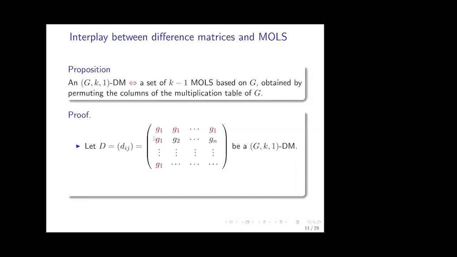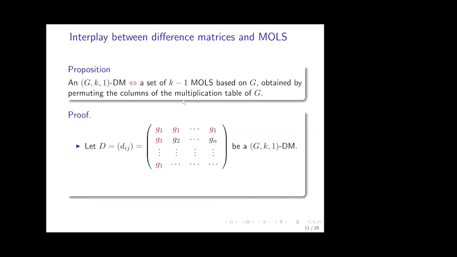And this will also not change the differences between these rows and other rows. Anyway, a difference matrix is determined by all the rows except the first one.